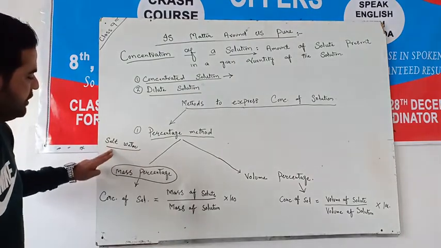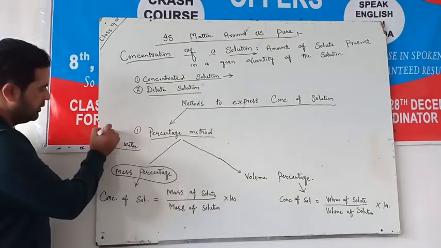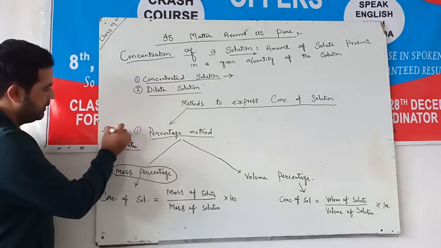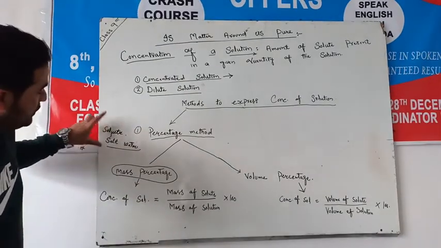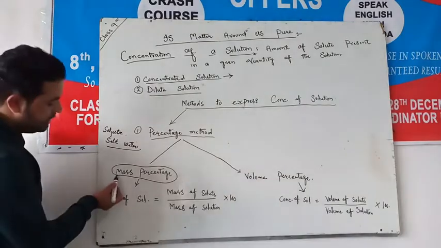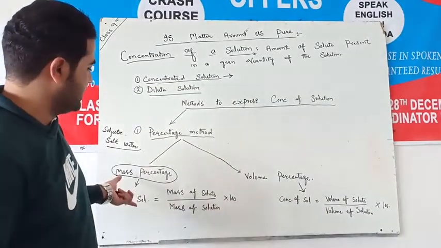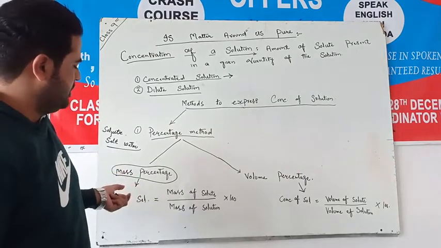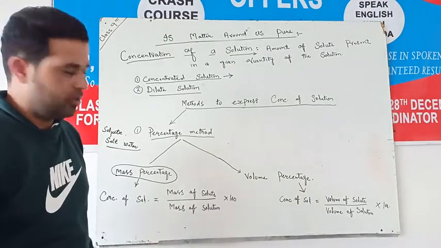In this, we have dissolved salt in water. Salt is the solute and water is the solvent. To determine the percentage of this solution, we use the mass percentage method. It is used when we have a solid solute and a liquid solvent.